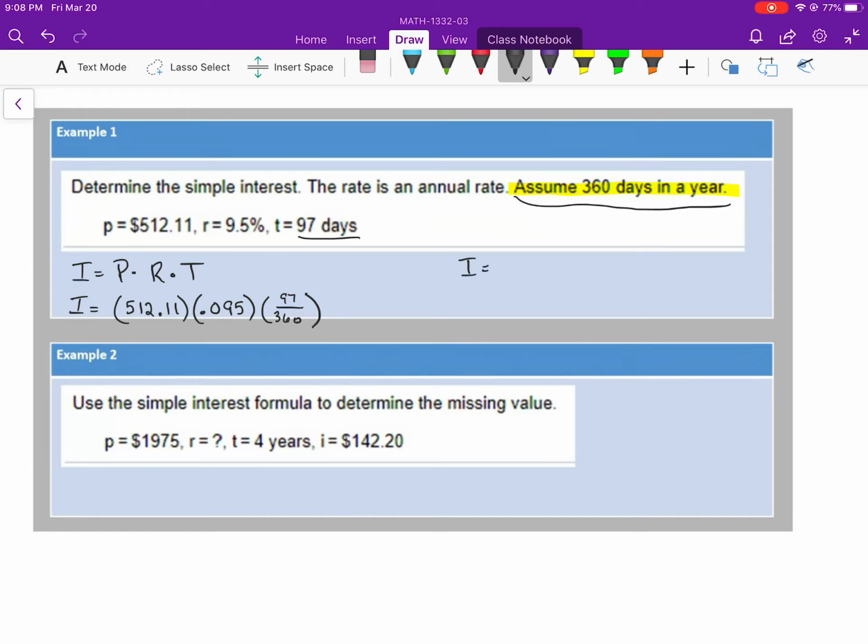So my simple interest comes out to 13.10859347. Now we are talking about money here, so I need to round that to 2 decimal places. So it looks like my interest is going to be $13.11.